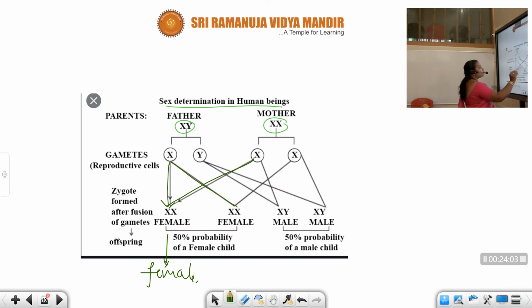In the next case, also female. Two XX conditions, and in the other two, male. So finally, in the offspring, there is a 50% probability of a female child and a 50% probability of a male child. Understand?